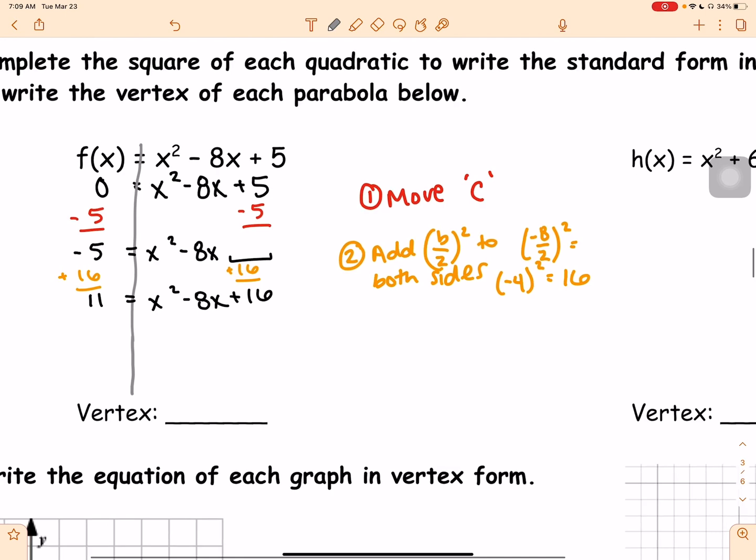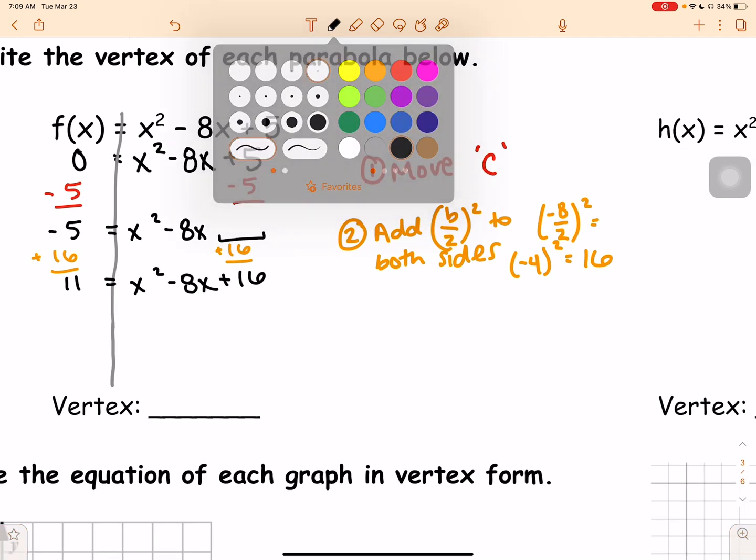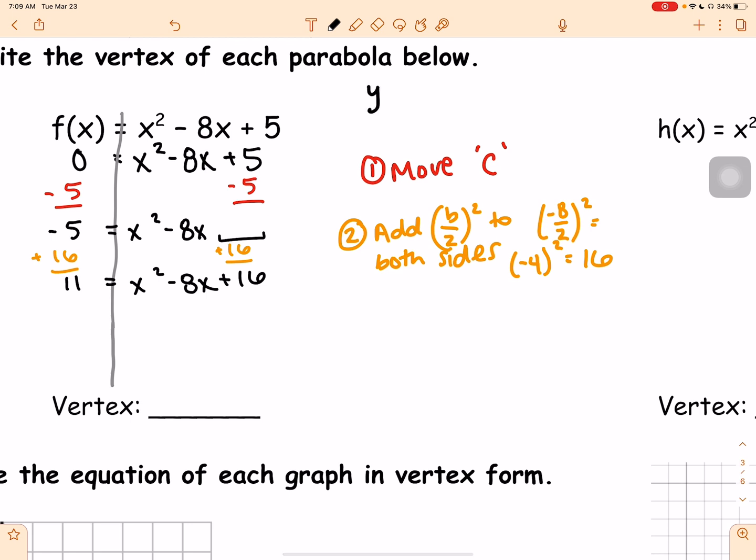I don't want to confuse you. So I'm going to remind you what vertex form looks like. Vertex form is maybe something out in front, x minus h squared plus k. Again, here the a is just 1. So that makes it a little bit easier.